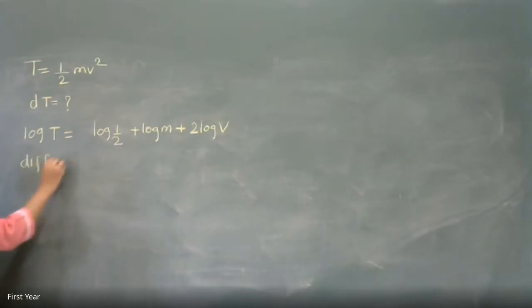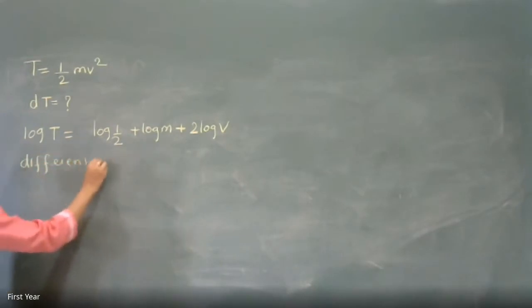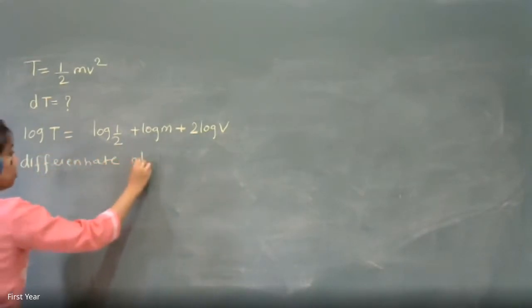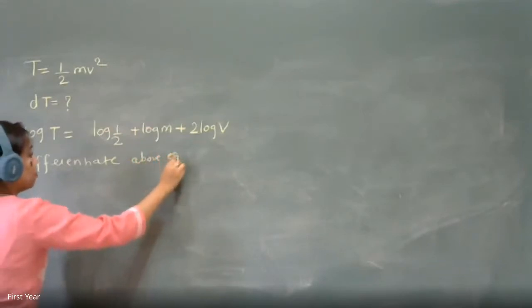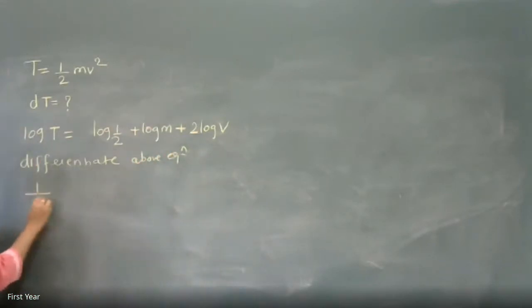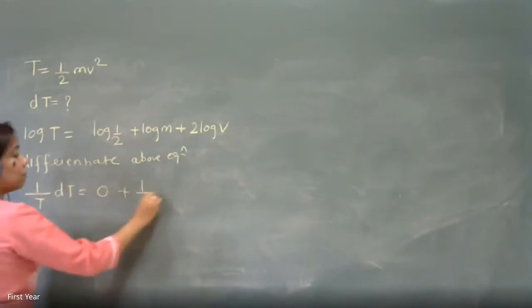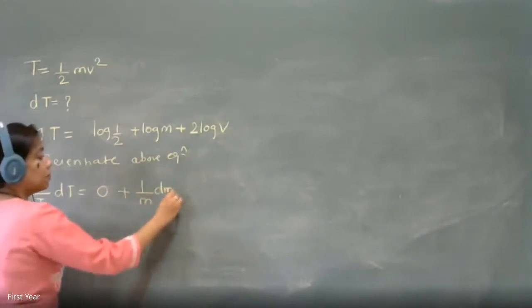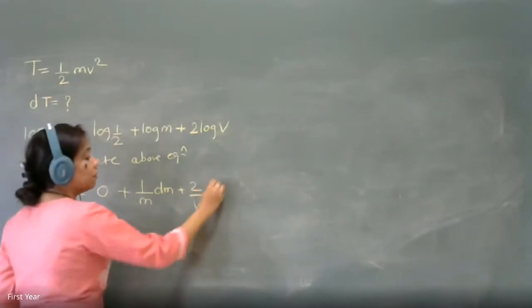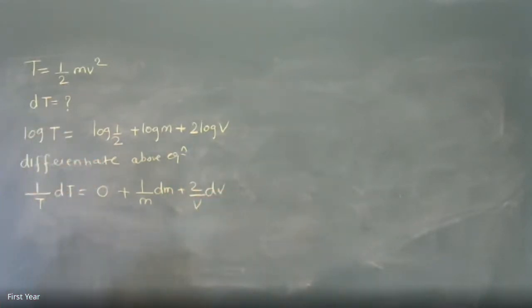Now differentiate the above equation. What you get? 1 by T dT is equal to 0 plus 1 by m dm plus 2 by V dV.